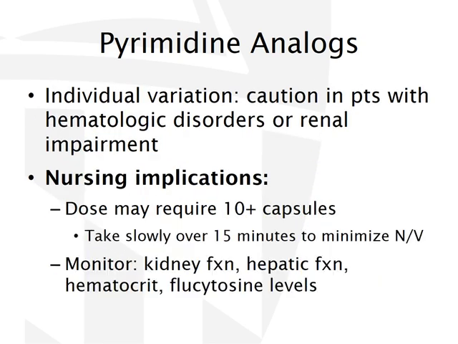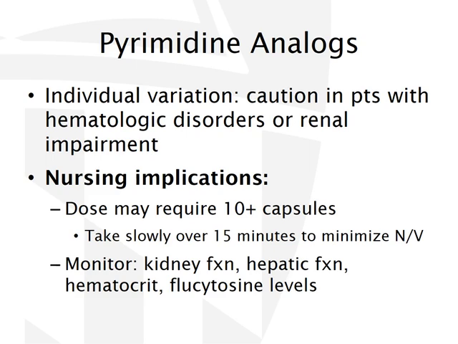Some nursing implications. This drug is oral, and the dose that is needed for treatment of the diseases that it would be used for is pretty high relative to the capsule strength. So because of that, the dose may require up to 10 or more capsules per dose, and that can be difficult for patients.